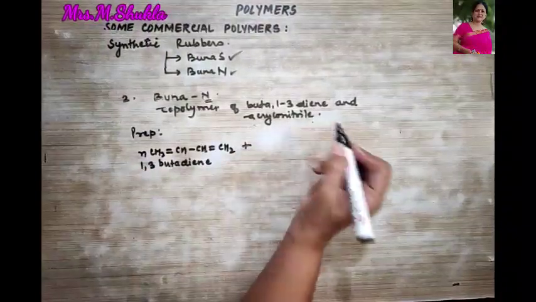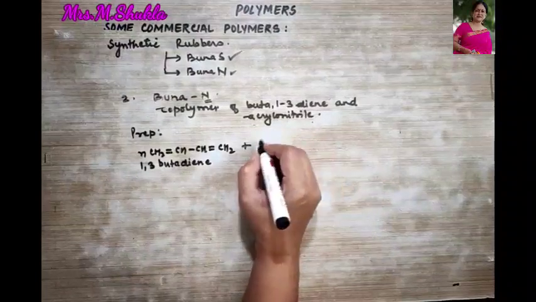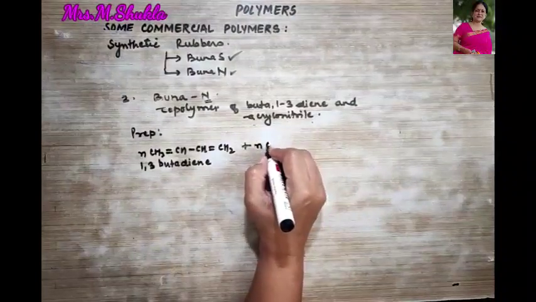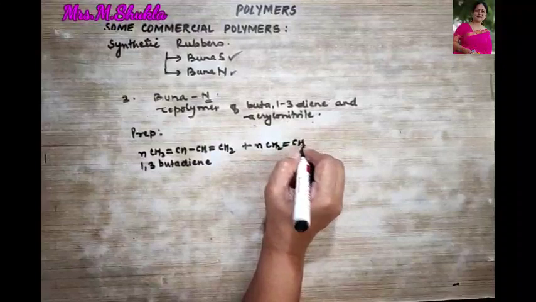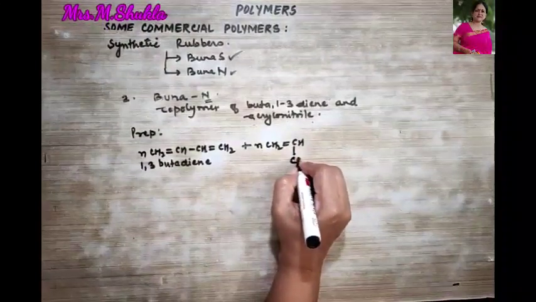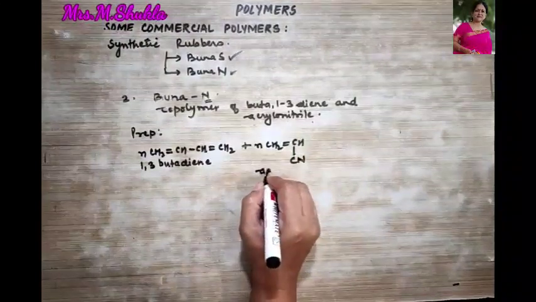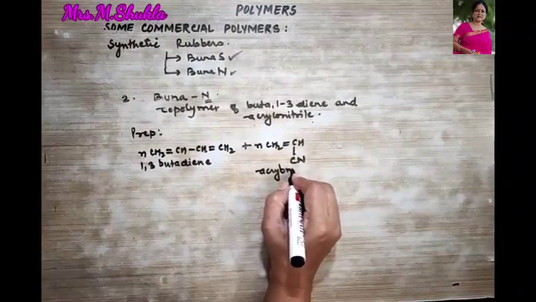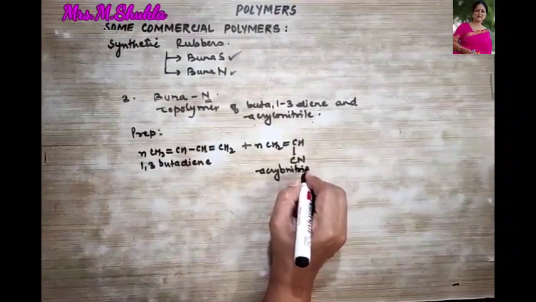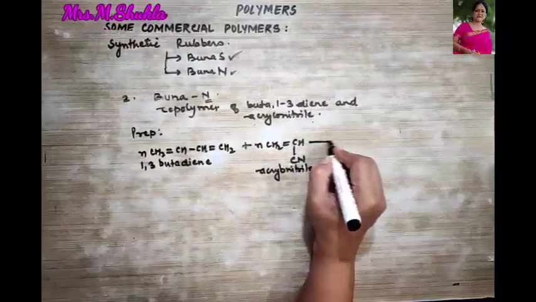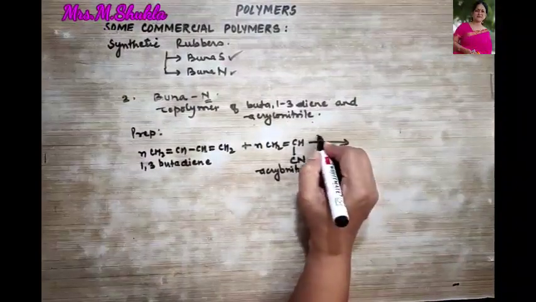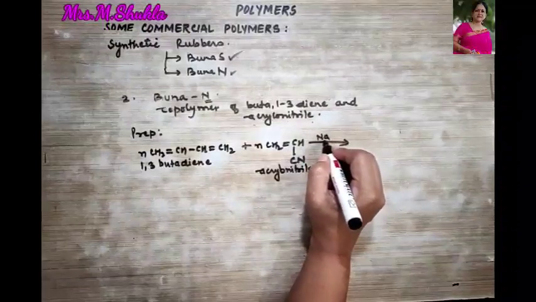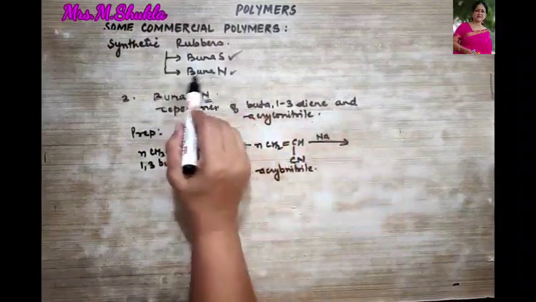Now what is the formula for acrylonitrile? See here, n number of acrylonitrile, that is CH2CHCN. This is your acrylonitrile. When they are treated in the presence of sodium metal, it is going to give us Buna N.